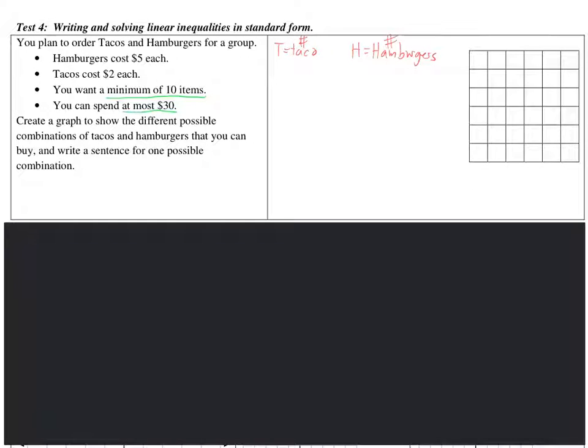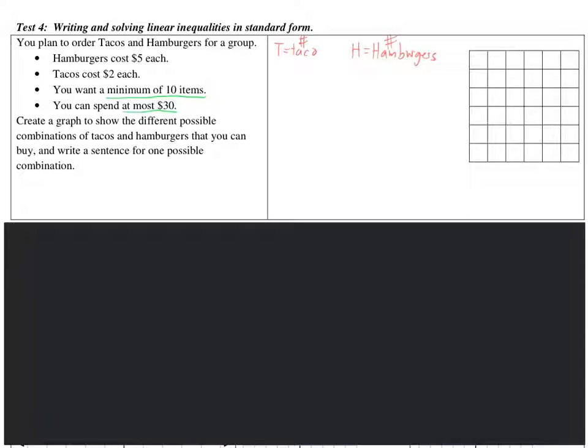That pound sign means number. So if I say 8 tacos, that means T is 8. If I say I have 8 hamburgers, that's H is 8. I'm using these letters instead of X and Y.